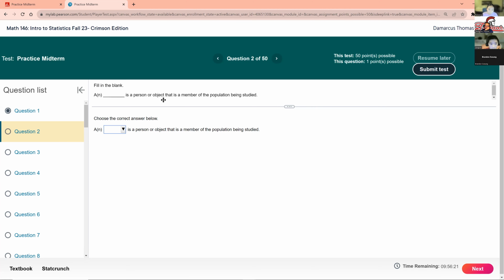And blank is a person or object that is a member of a population being studied. Well, it's not a sample.